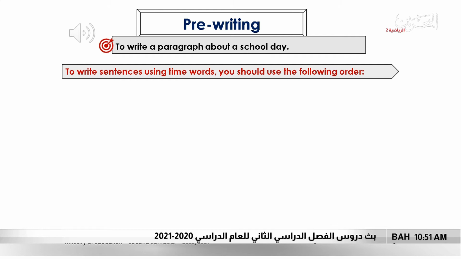Subject: I, you, we, they, Ahmed, Ali, Emel, or any other name. Subject. Finger space followed by verb. A verb in the past tense form. Past simple form.